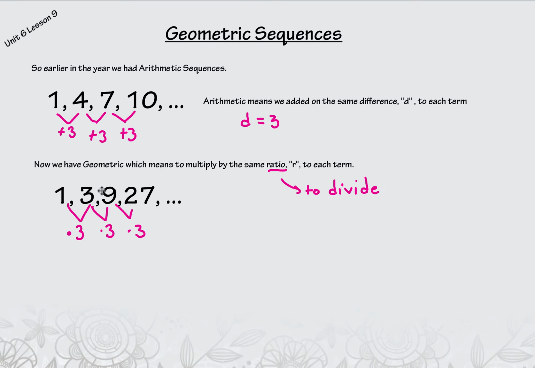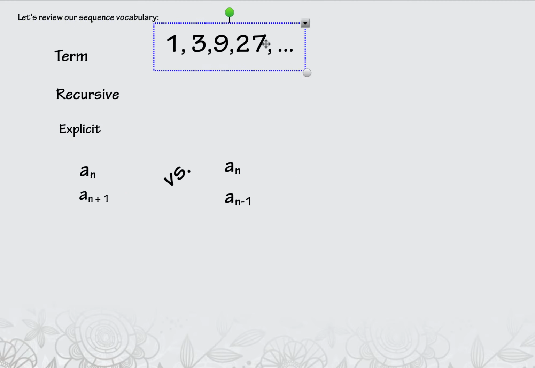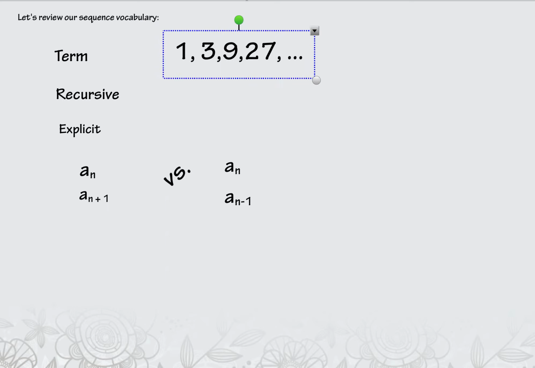Well, let me grab this one right here. And what we're looking at is a sequence. So that's probably another word we should put in here. This is a sequence. And right now, in this sequence, it happens to be a geometric one.